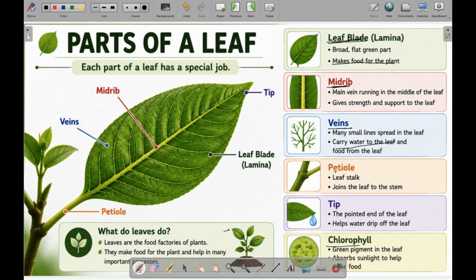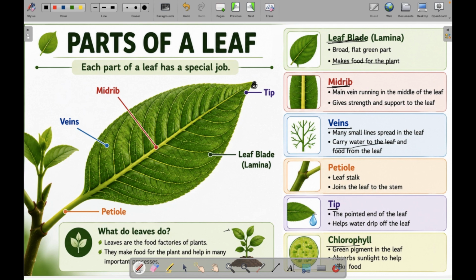Okay. Then we have the petiole. So this is the petiole. What does it do? It attaches the stem to the leaf. So it joins the leaf to the stem. Then we have the tip. So this is the pointed end of the leaf.